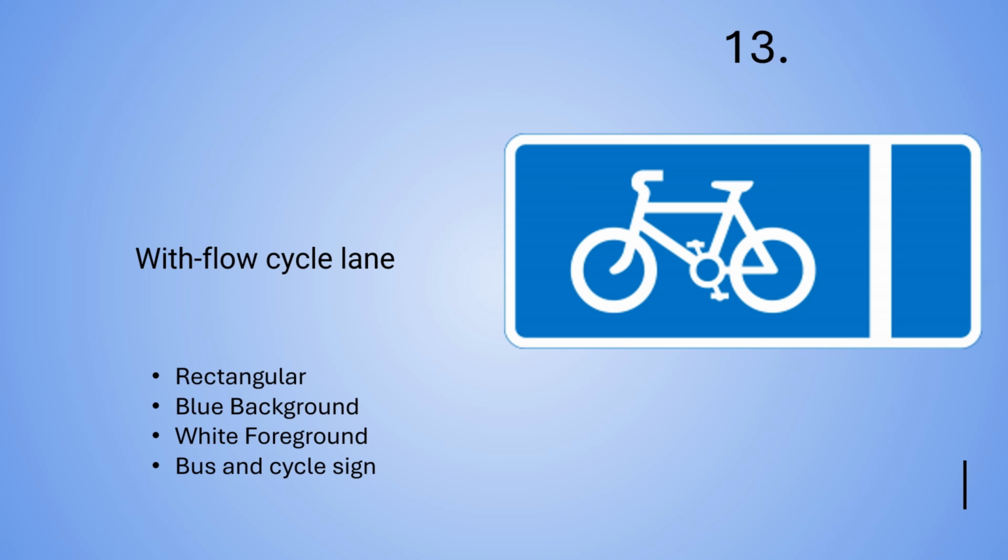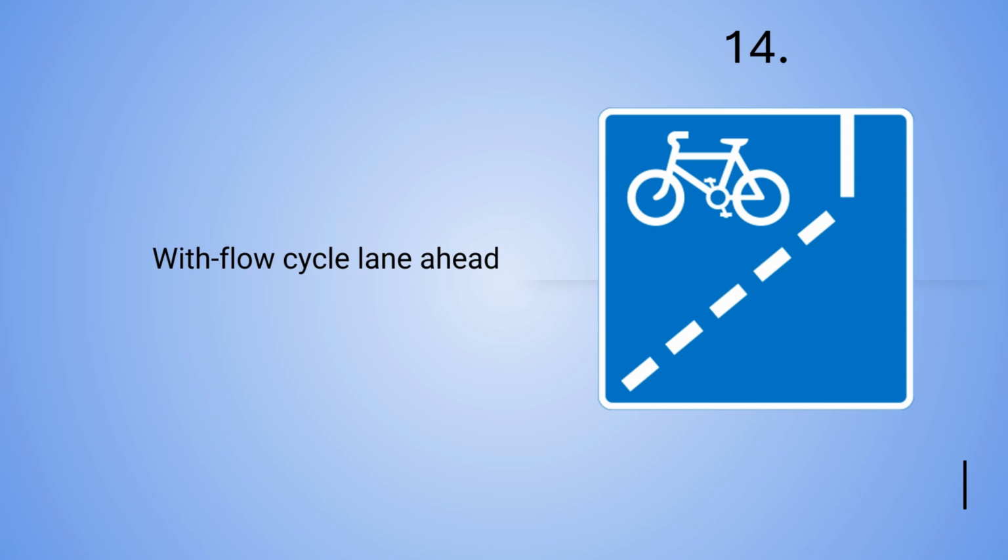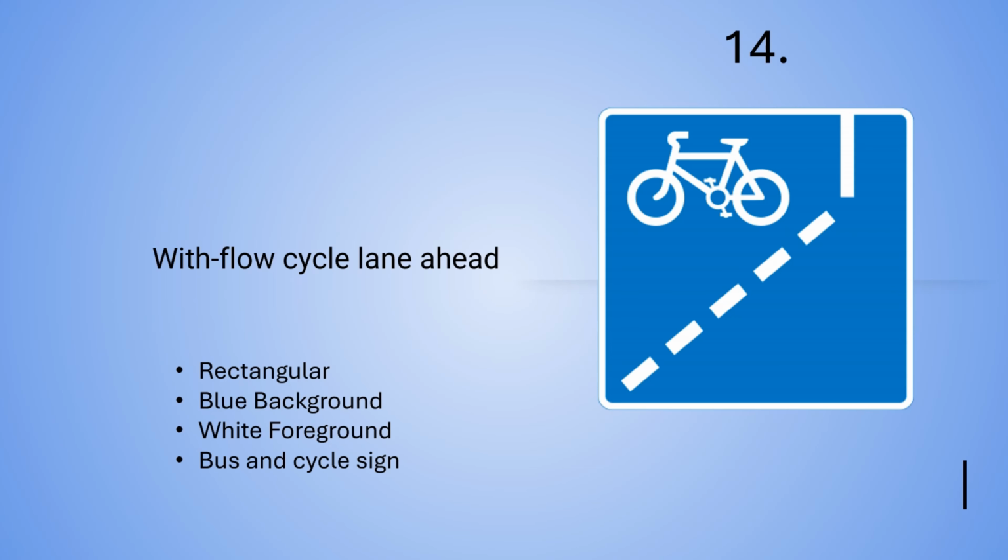The sign is rectangular in shape. It has a blue background and a white foreground, and it's a bus and cycle sign. Sign number 14 means with flow cycle lane ahead. This again is a rectangular sign on a blue background with a white foreground, and it's a bus and cycle sign.